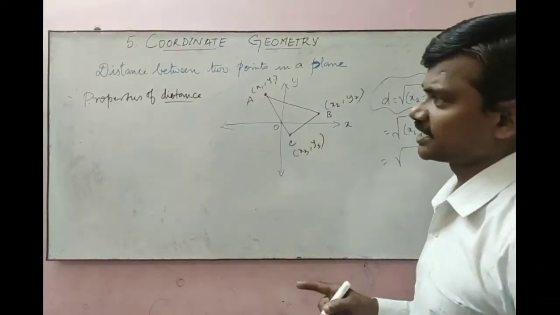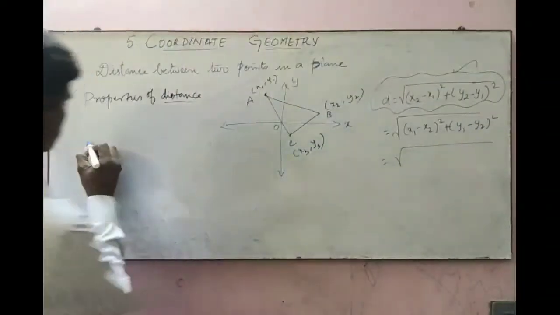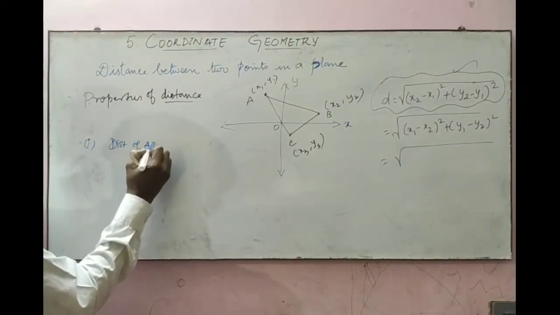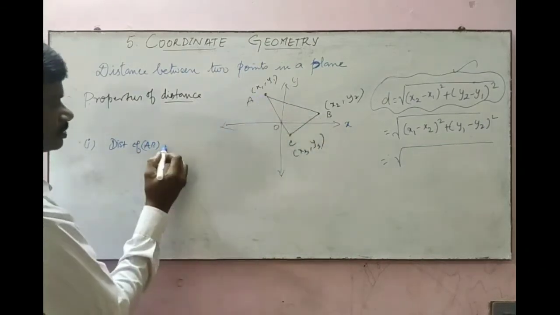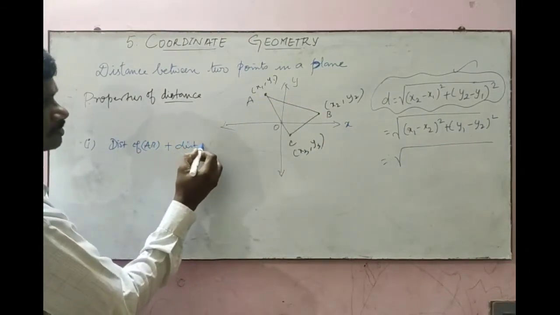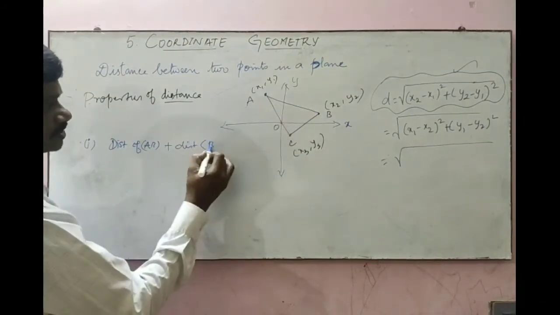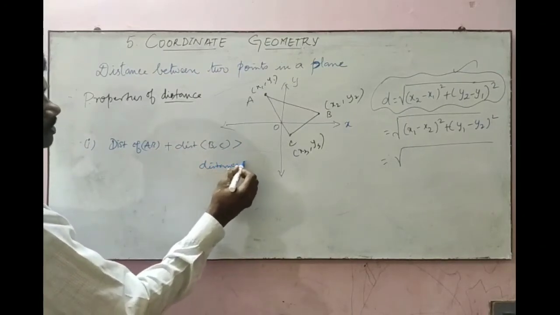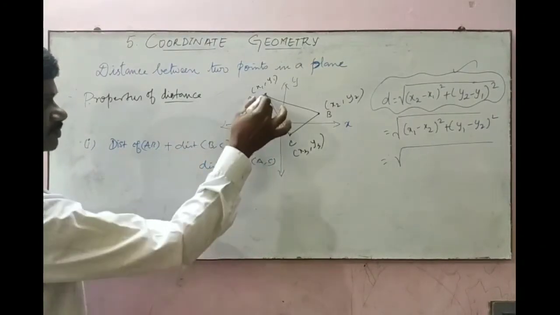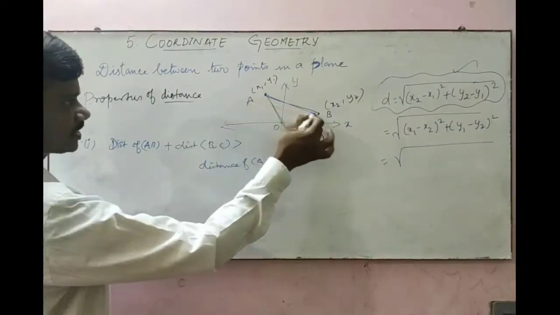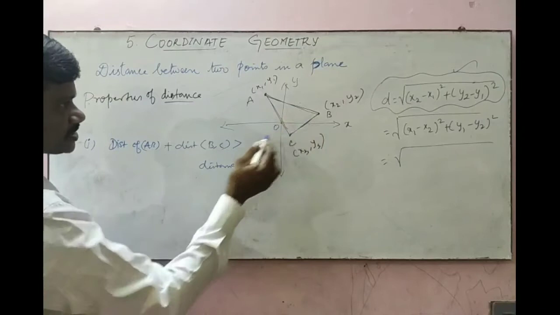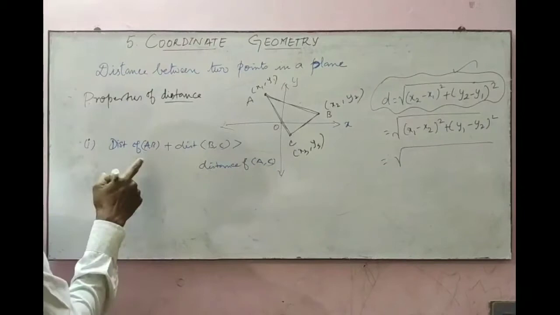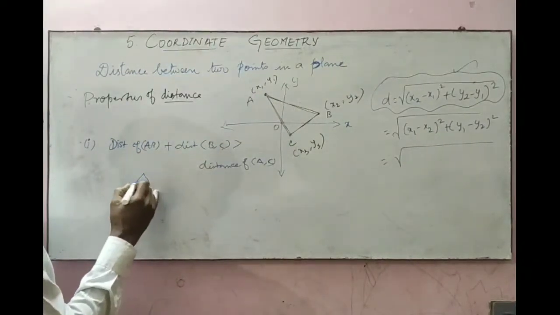So if it is a triangle, the condition for this first one is the distance of A comma B, A to B plus distance from B to C, that is B comma C, is always greater than the distance of A comma C. So this distance, if you find this and add those 2 distances, it is always greater than the third distance. If this satisfies, then the given 3 points form a triangle.